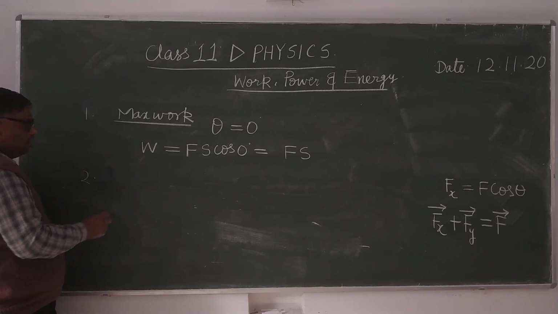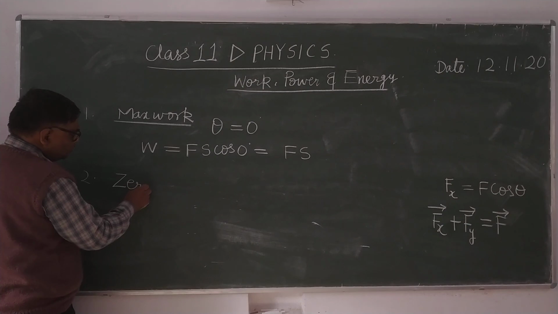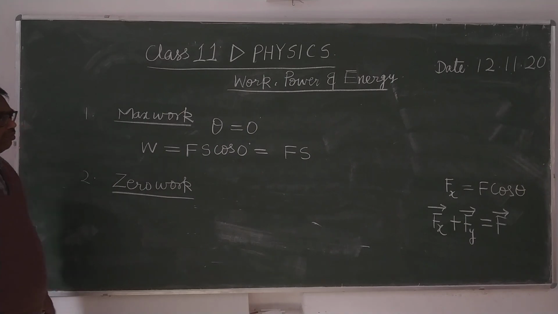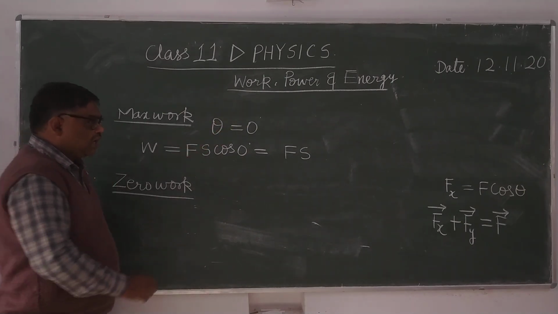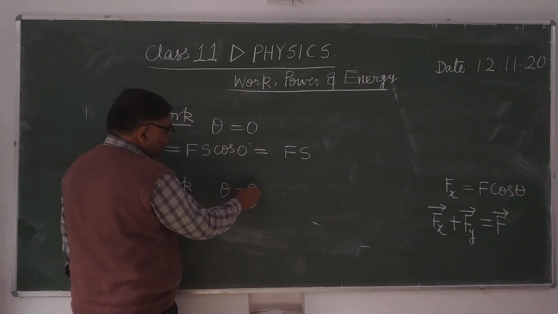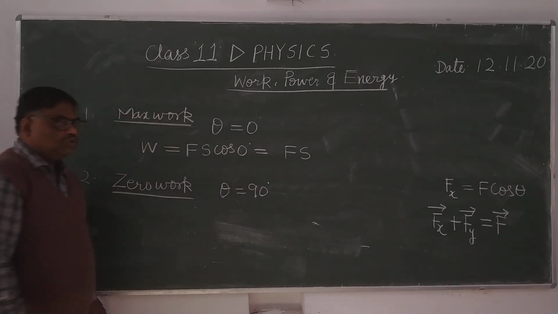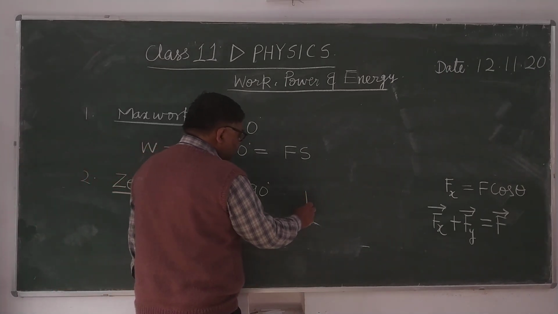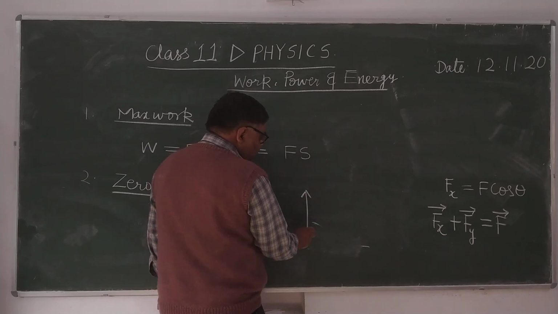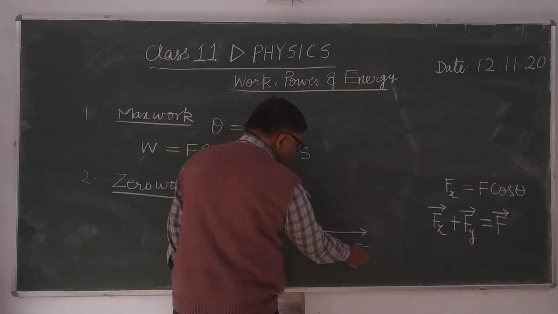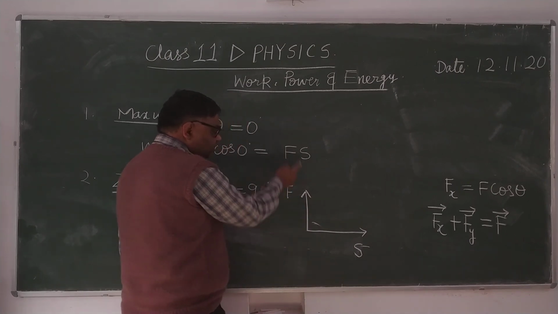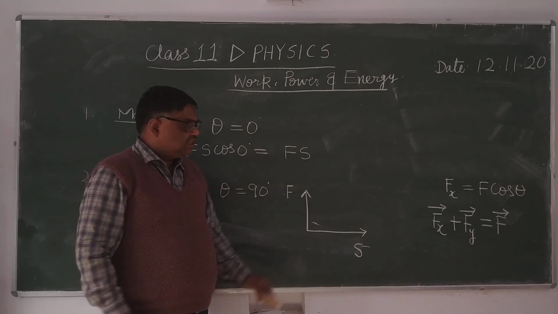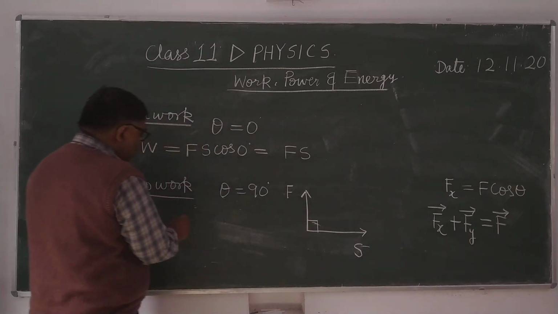Now one more thing. Under which condition will there be no work, zero work? See here, work will become 0 when theta equals 90 degree, as we know that cos 90 degree equals 0. So if the force is acting in a direction normal to the direction of displacement, means force is acting in this direction and displacement takes place in this direction, in that case theta will become 90 and there will be no work done.